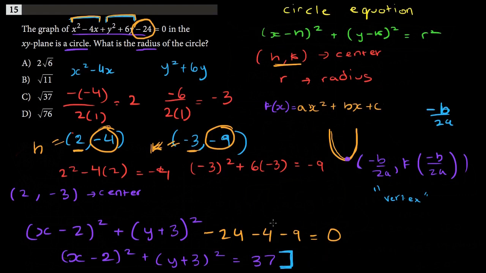Now we can start finding the radius. Whatever's on the right hand side is r squared, so 37 is our radius squared. Our radius is root 37, and that is our answer, C.